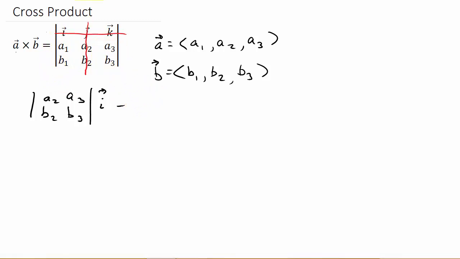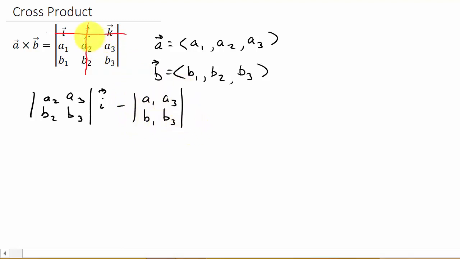It's the determinant of A1, A3, B1, B3, times vector J. And then plus, remember the signs alternate, plus, minus, plus. If we cross out the third column, then we have the determinant of this 2 by 2, A1, A2, B1, B2, times vector K.